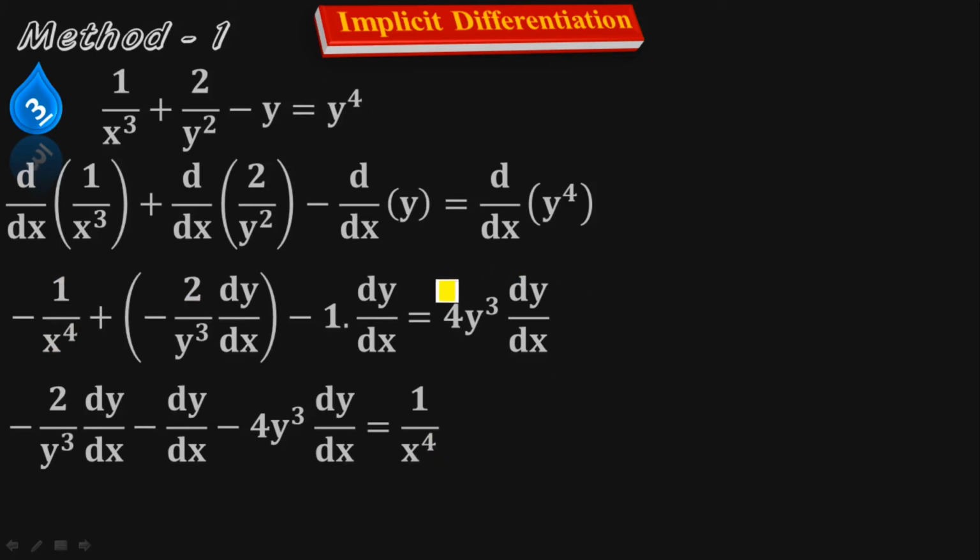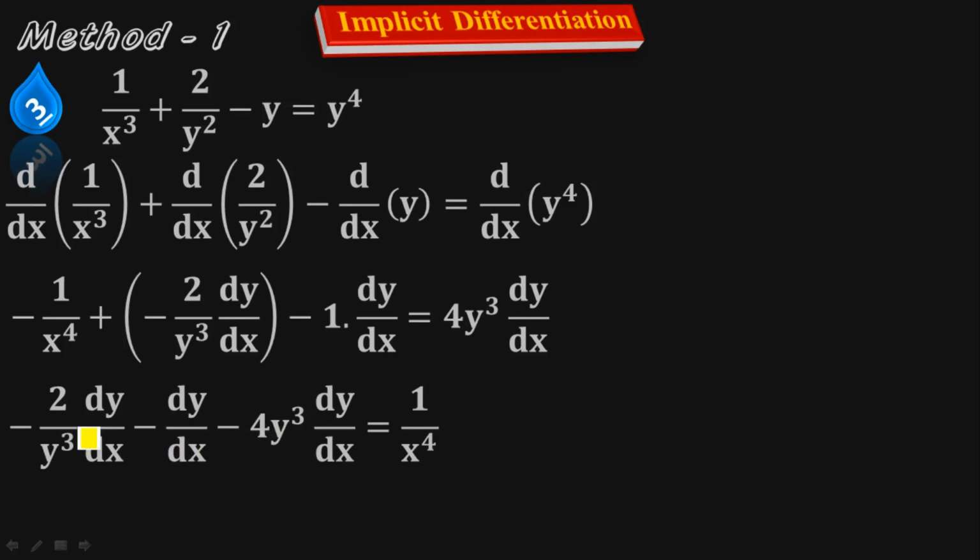Similarly, I picked this term from the right side and brought it to the left side to become negative 4y cubed times dy over dx. Whenever you bring any value from one side to the other side, its sign will be changed. It becomes positive 1 over x to the 4 when you bring it to the right side. Similarly, positive 4y cubed becomes negative when I bring it to the left side.